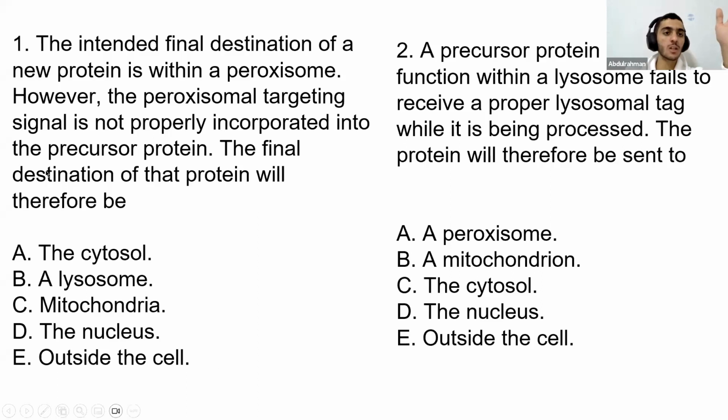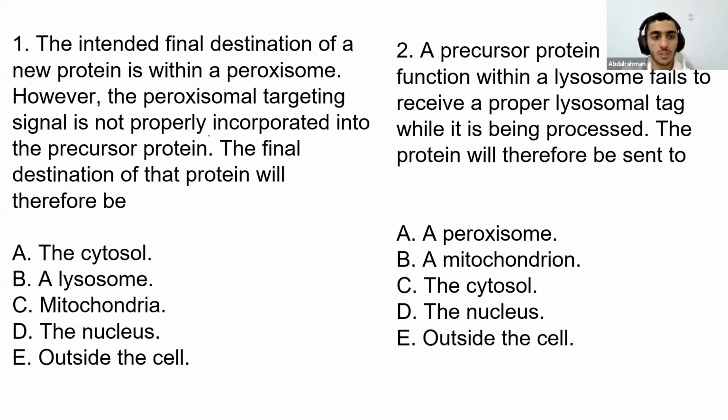All right, let's start with question number 1. Who would like to answer? Please feel free to write in the chat. I'll read the question, or if any of you would like to read it, you can. Please type your answers in the chat. Okay, the intended final destination of a new protein is within a peroxisome.